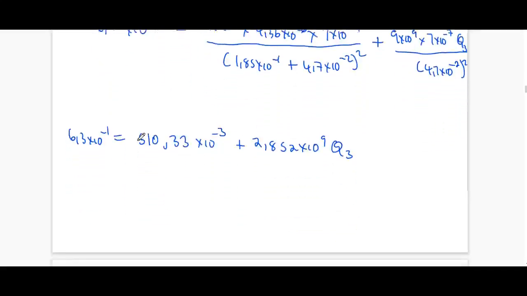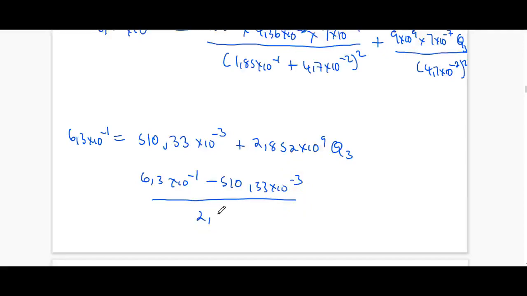Okay, so now what I'm going to do, I'm going to transpose this, take it to the other side. So now I'll have 6.3 times 10 to the power minus 1 minus 510.33 times 10 to the power minus 3, divided by 2.852 times 10 to the power 9, is equal to Q3.